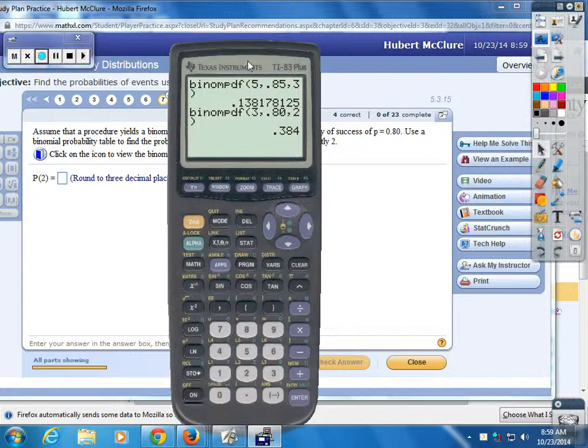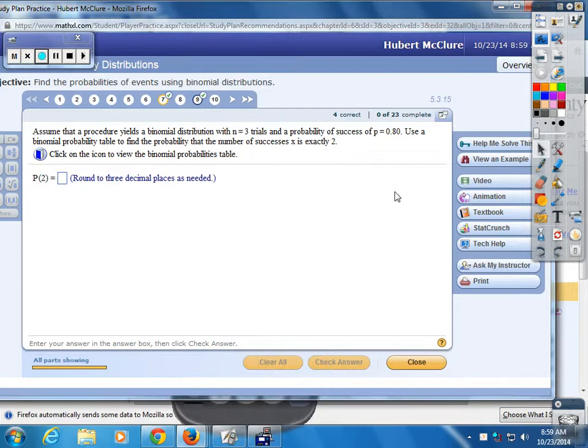But please realize what you're doing here. Use a binomial probability to find the probability that the number is 2. So the research tells us that the chance of success, P, is equal to 80. But that's based on the research that we've done before. Now it's saying find the probability that the number of successes is exactly 2.